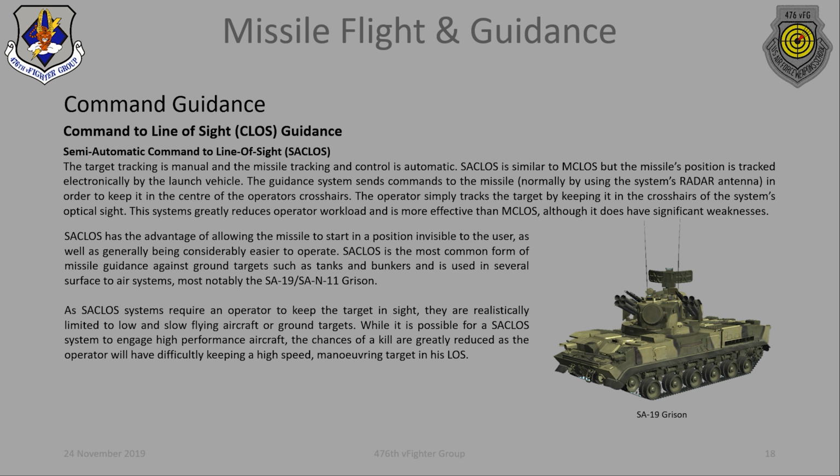So there's a lower chance of the target aircraft detecting the threat on the RWR, for example, because the missile's guidance signal doesn't have to be as strong as an active radar lock would have to be, because all you're having to do is send an RF signal out there to the missile, to tell it where to steer. You don't need a return back from a target in the distance.